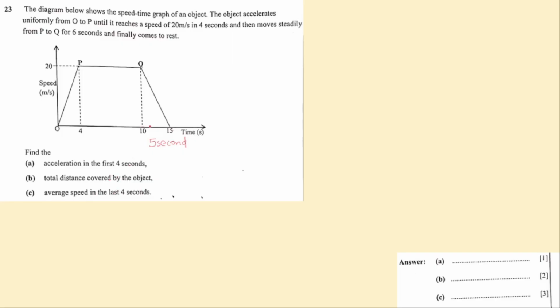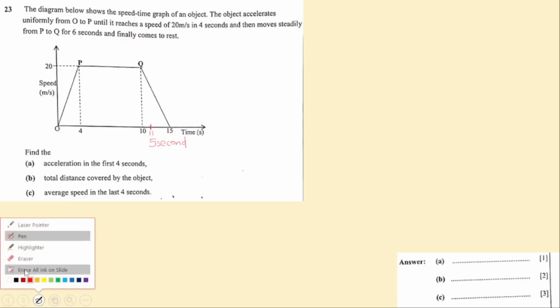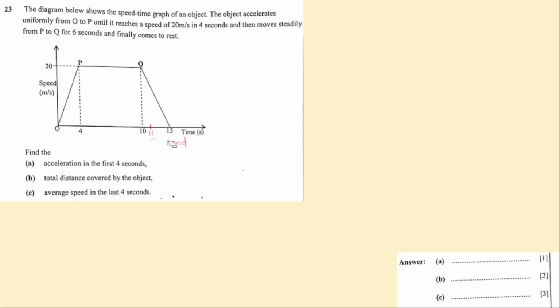So for us to get 4 seconds, I think we need to move 1 more second from 10, and we are going to have 11. So 15 minus 11 will give us 4 seconds.